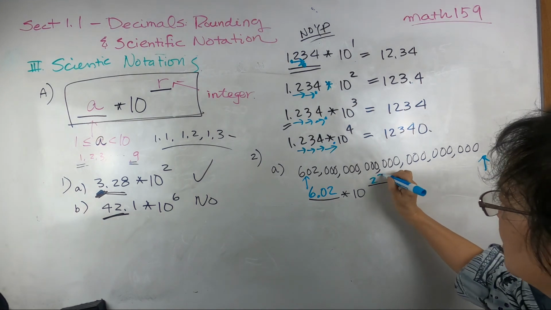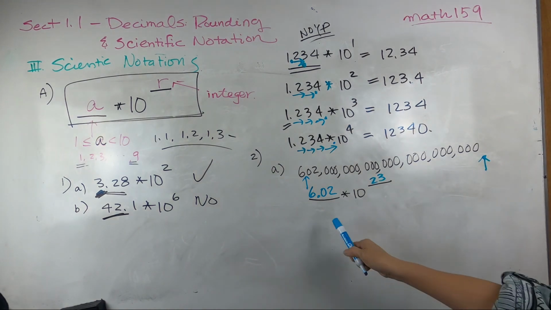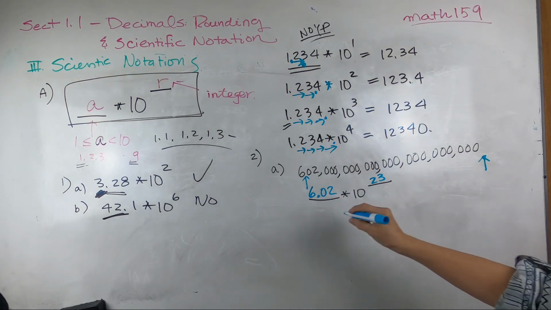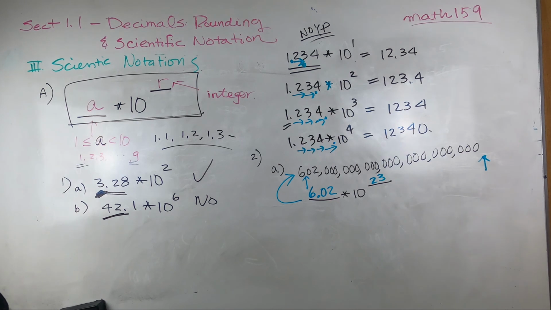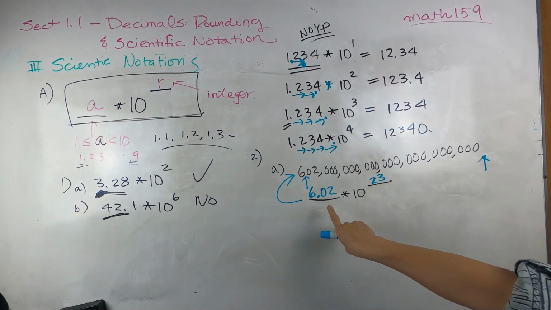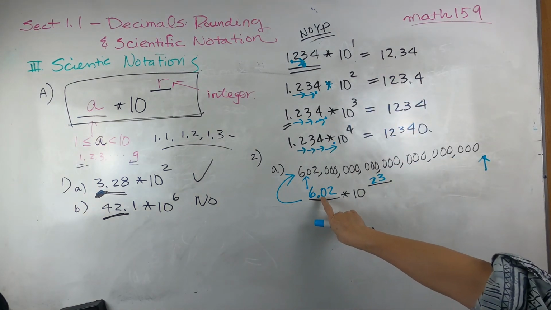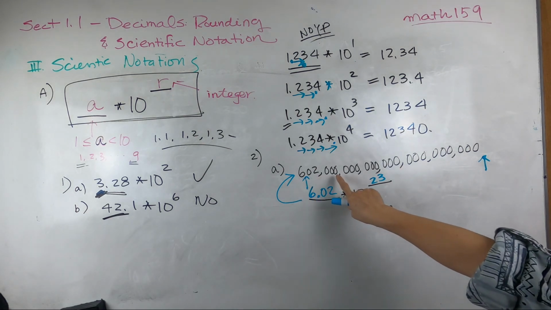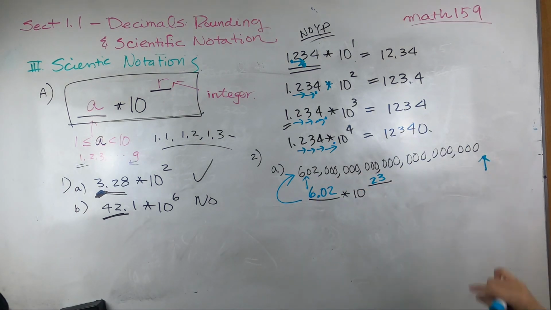So totally it is 23. If you write 6.02 times 10 to the 23 power, it's the same thing as this number. Is that right? Because just like we say, when you multiply by 10 to the power, you move the decimal places to the right 23 places. If it's here, 23 places, then you will end up correctly.